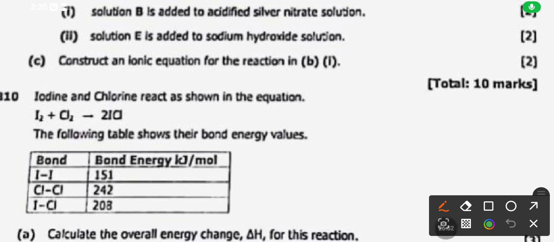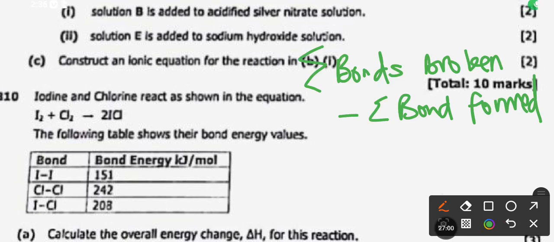Alright, remember the formula for energy change, which is enthalpy change, is equal to the sum of the bonds broken minus the sum of the bonds formed.